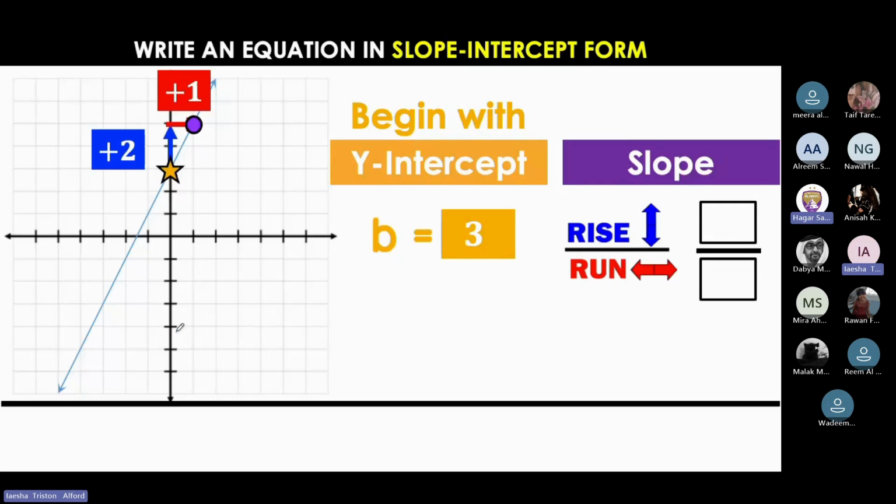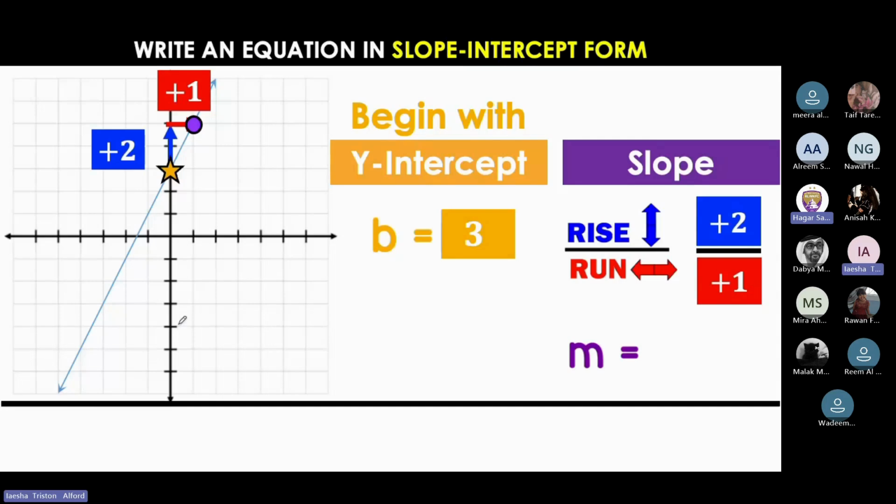Then you do the rise over the run. What's the rise? Positive 2. And what is the run? Positive 1. Divide.